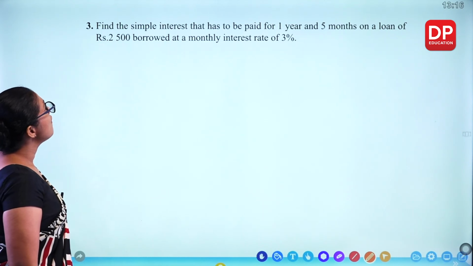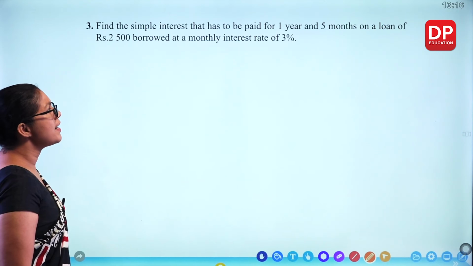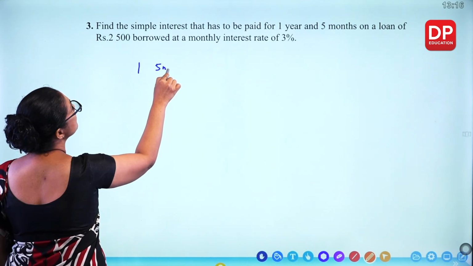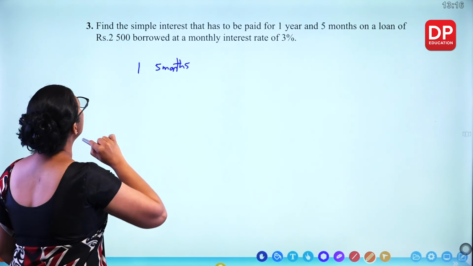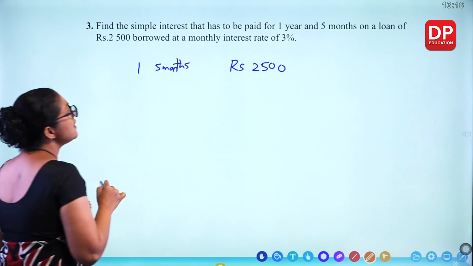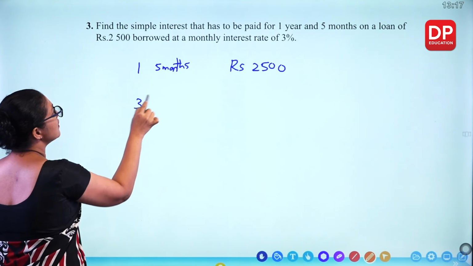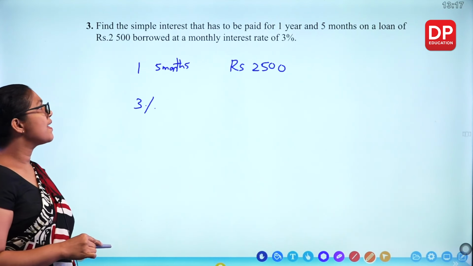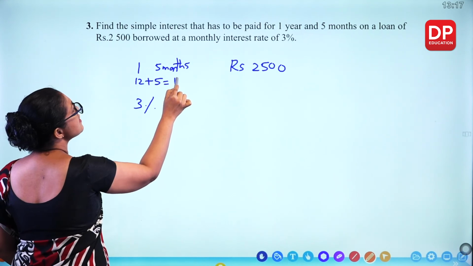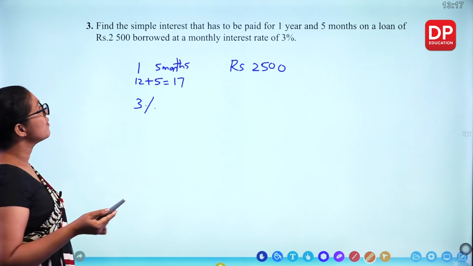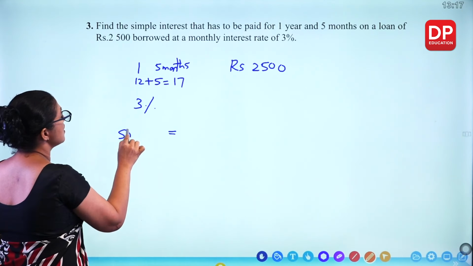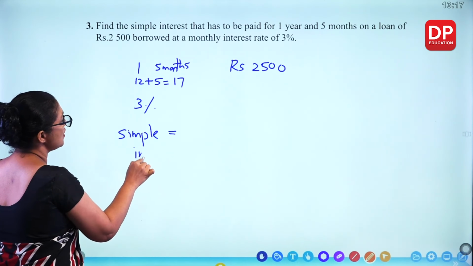Question number 3. Find the simple interest that has to be paid for 1 year and 5 months on a loan of 2,500 borrowed at a monthly rate of 3%. So we'll first convert: how many months are there? 1 year is 12 months, and 12 plus 5, altogether 17 months are there. So you are asked to calculate the simple interest that has to be paid.